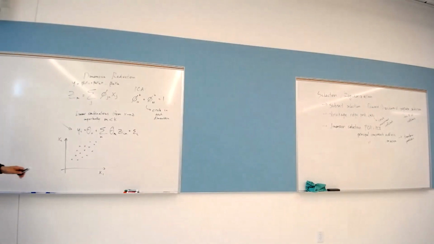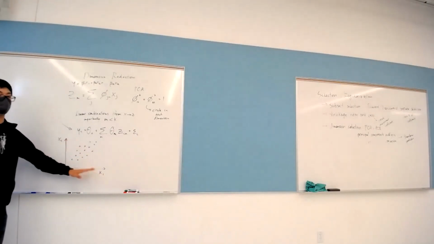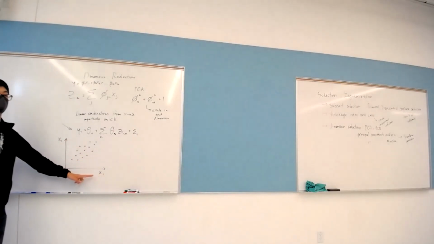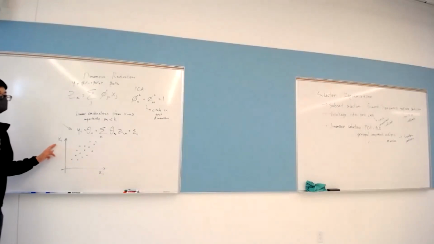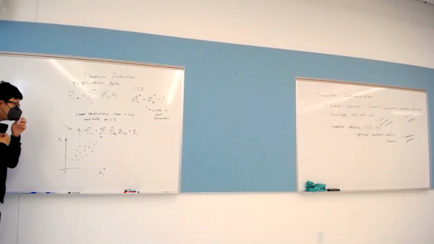So notice in this plot, this is not X and Y. These are going to be your X1 and X2. So I'm going to try and show what's happening in 2 dimensions here.